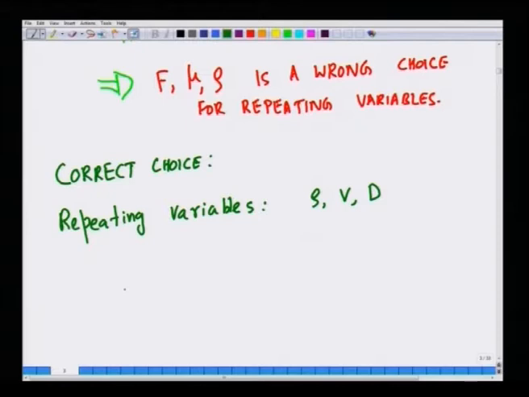Okay. Now, let us see whether we can get a mass out of rho, v and d.